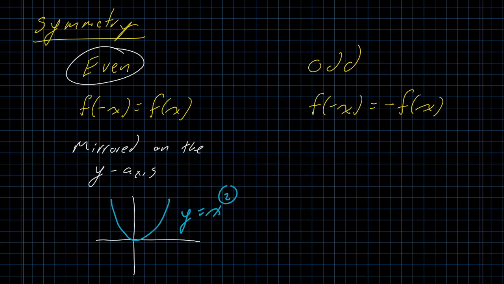Odd symmetry is not something you're as accustomed to geometrically. The way I tend to think about it is it's a graph that is mirrored 180 degrees. And once again, the name gives it away.